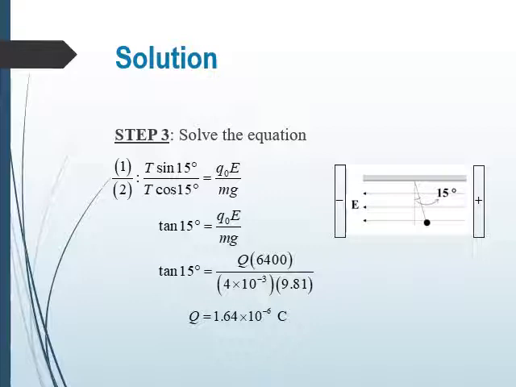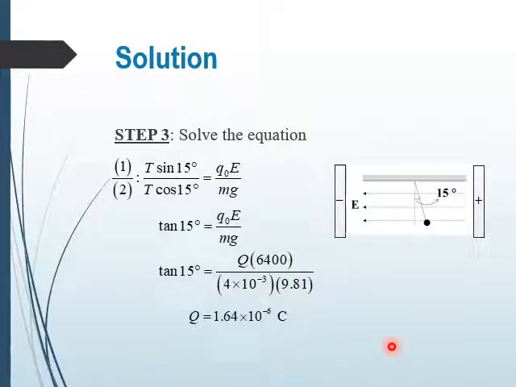So now let's look at the diagram. Since this ball is being attracted to the right hand side, it shows that this ball is a negative charge. How do I know it is negative? Because there is an attractive force between this polystyrene ball and the positive plate. Therefore, this polystyrene ball should be a negative charge.